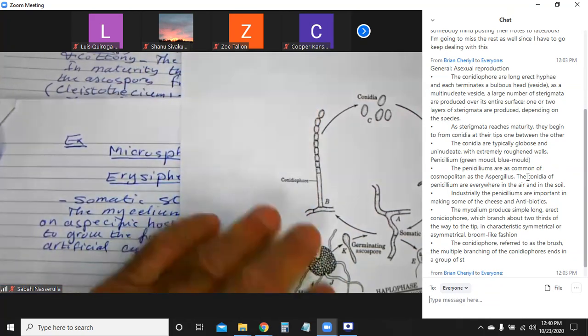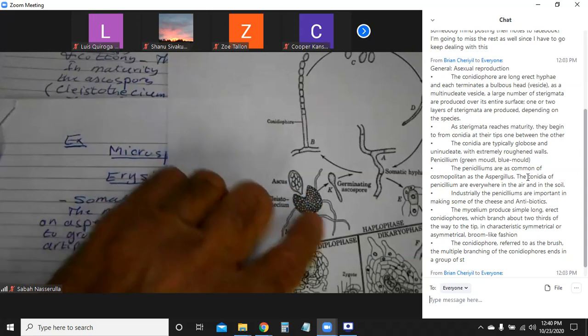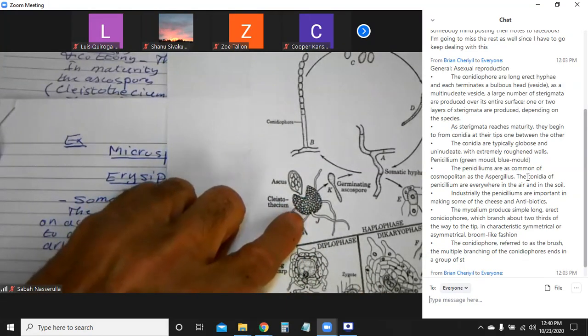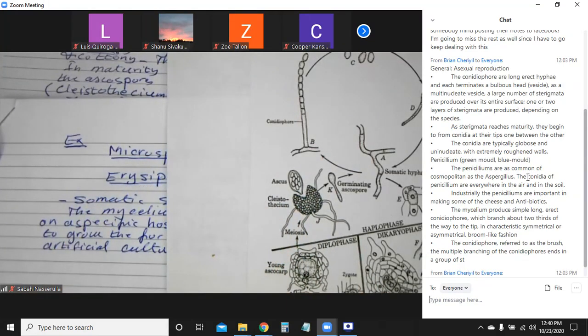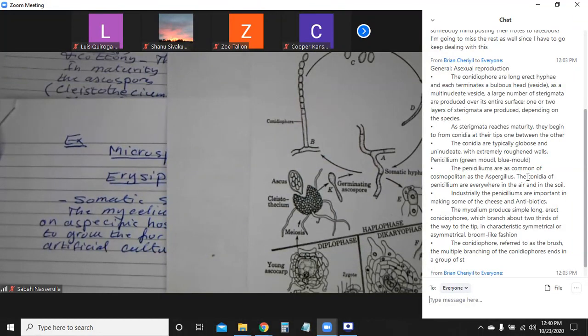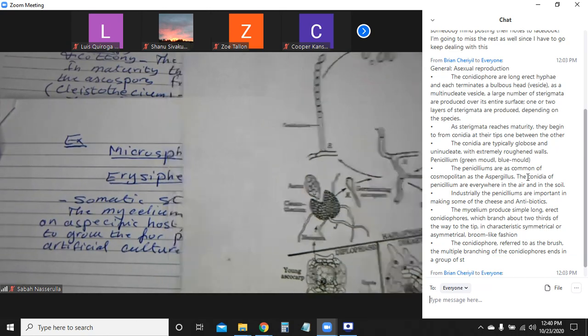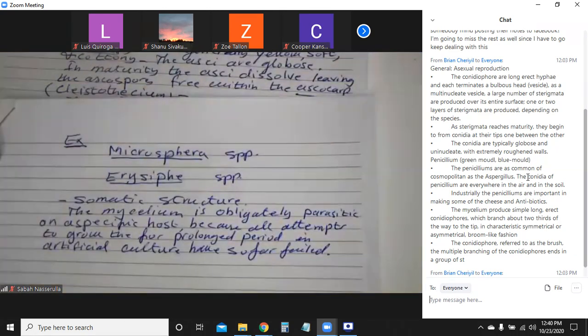Basically, the cleistothecium is quite thick, and usually the cleistothecium also produces appendages, as you can see here, and these appendages sometimes have different structures. It depends on the species. I'm going to talk about it as I go more.